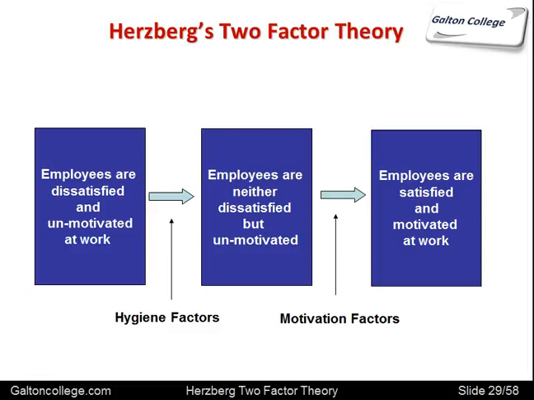But they're unmotivated. They need to be motivated next. So the hygiene factors convert them into a state where they're not dissatisfied, but now they need to be motivated to turn them into employees that are satisfied and motivated, which is the ideal situation.